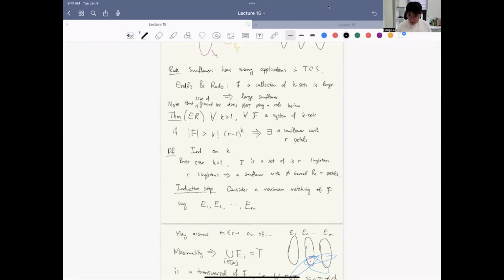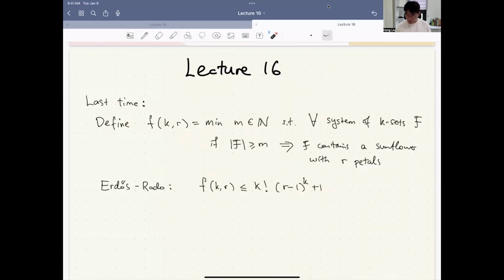We proved that if you have more than this many edges, you will necessarily have a sunflower with r petals. So this number is definitely an upper bound on this minimal m.